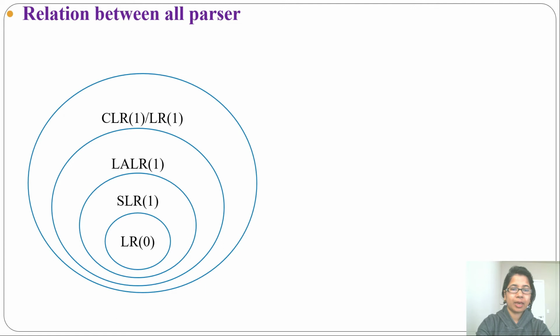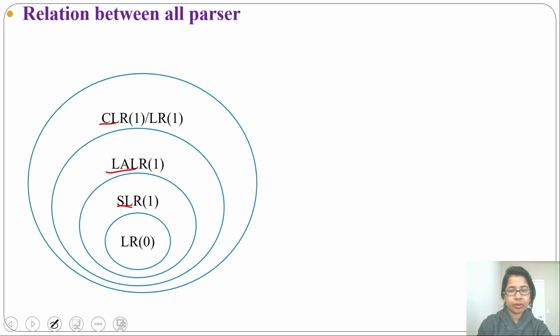And in the set of grammars, all LR0 grammars are also SLR1 and all SLR1 are also LALR1 and all LALR1 are also CLR1, but the reverse is not true. One grammar may be CLR1 but not LALR, or one grammar may be LALR but not SLR, and one grammar may be SLR but not LR0.